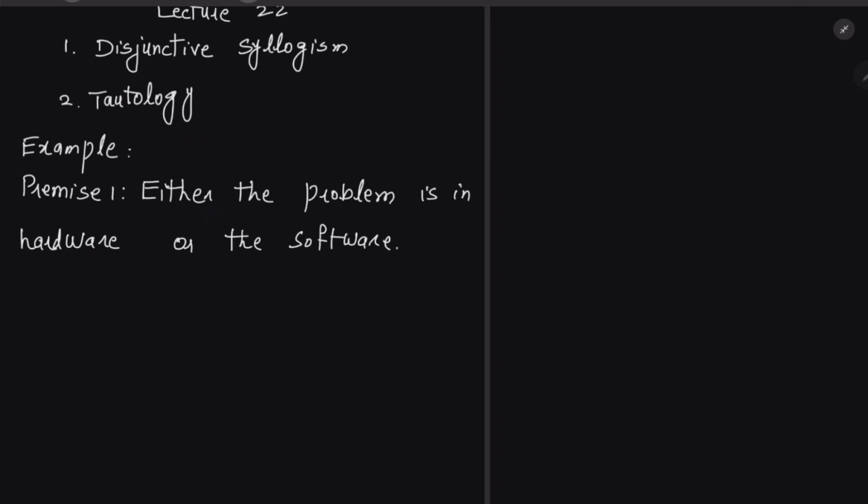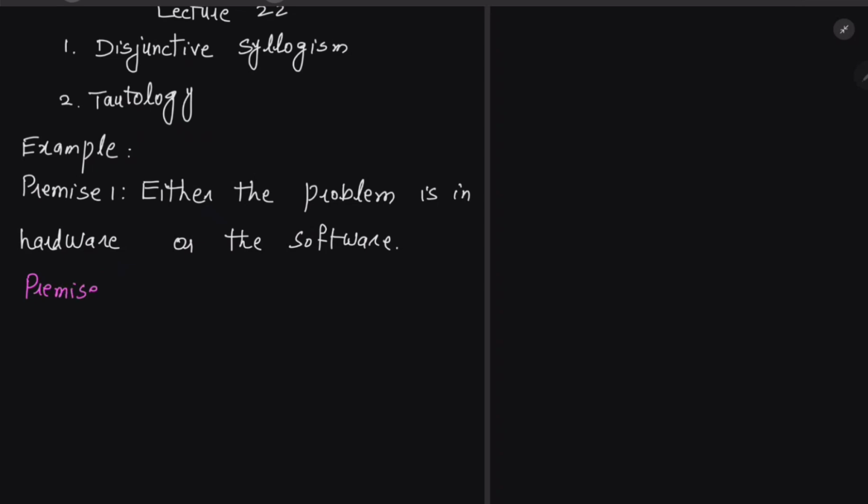This is premise 1, and here you can see that there is "either" over here and then "or". So there are two statements which are disjoined by the "or". Now premise 2. What is premise 2?